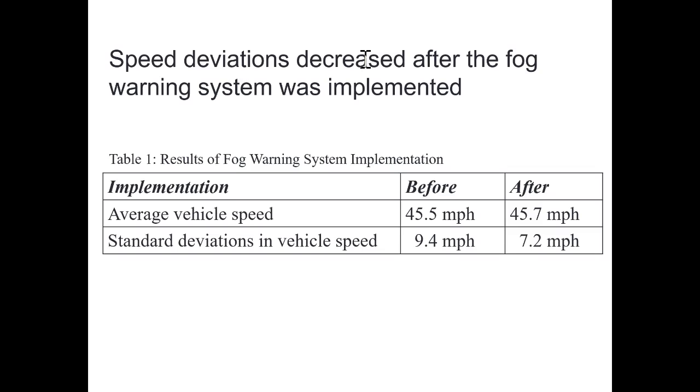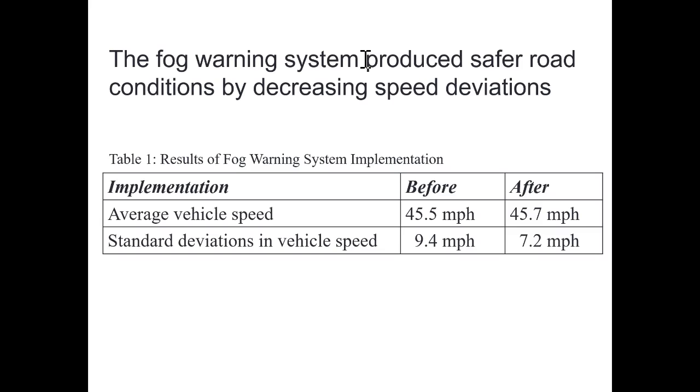So this would work well for a technical audience or somebody who knows something a little bit about transportation. But if we have a more general audience who's maybe less knowledgeable, then the sentence heading might be something like this. The fog warning system produced safer road conditions by lowering speed deviations.